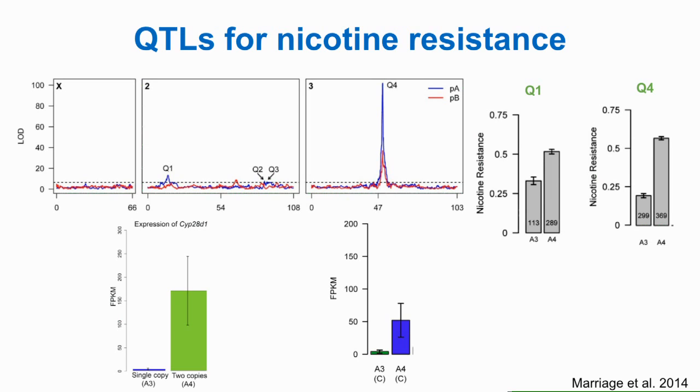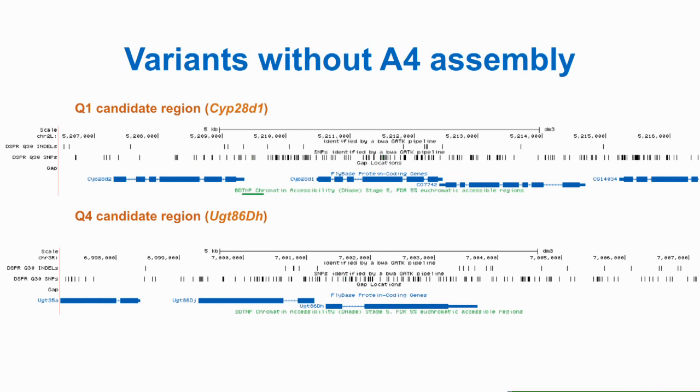So if you saw this result and then went back to your list of SNPs and small indels, you'd find all these SNPs. What I'm showing you is the UCSC track for DSPR variants.